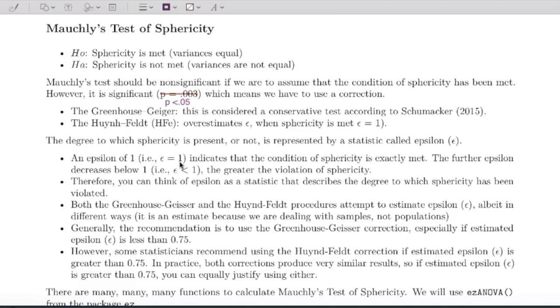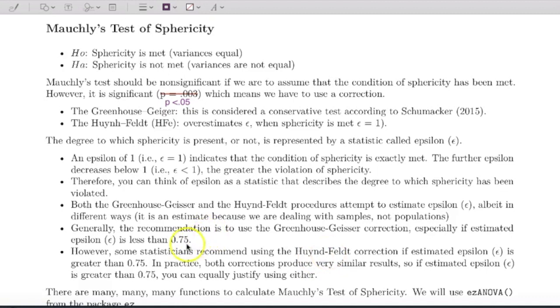So if you want to be conservative, it's recommended that you look at the Greenhouse-Geisser one. If you have a situation when it's less than 0.75, it's also recommended that you use the Greenhouse-Geisser. If the Greenhouse-Geisser is 0.75 and then you look at the Huynh-Feldt and that's above 0.75, then it's better to just report this one.